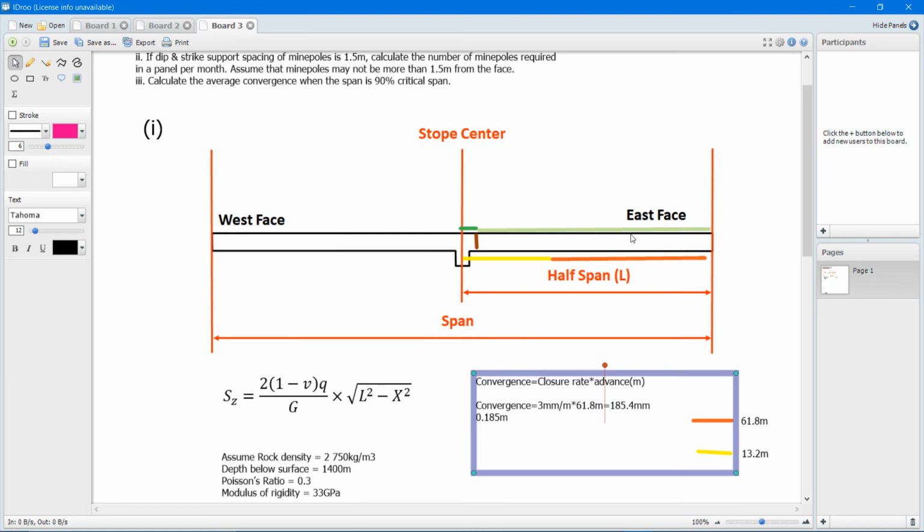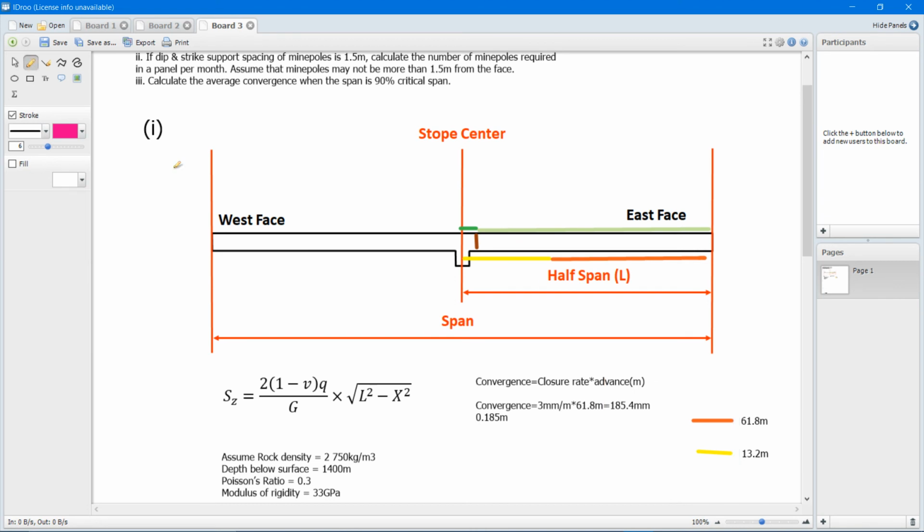So we've installed a pole 10 meters from the face. Okay, sorry, that's a bit bent. That's better. 10 meters from the face. That's 10. That's why I prefer typing, because now I look like I was writing with my feet.